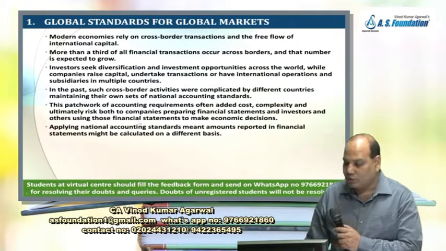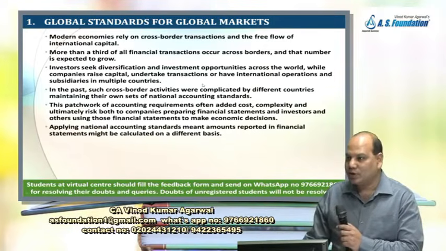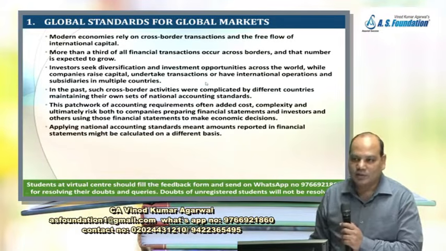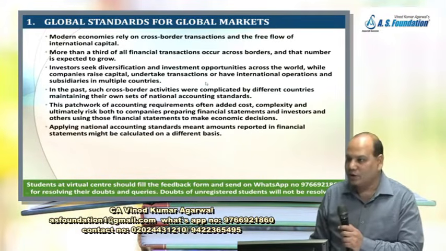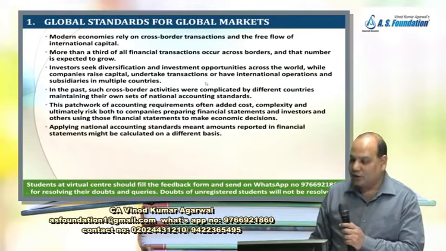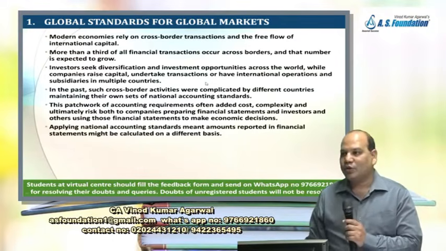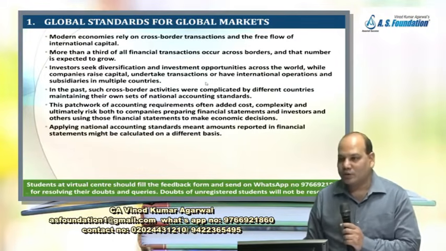So because now world over more and more countries are using the same standard, investors can now easily understand the financial statement, compare the financial statements, and take a decision whether to invest or not in a particular company or in a particular country. Is it right?